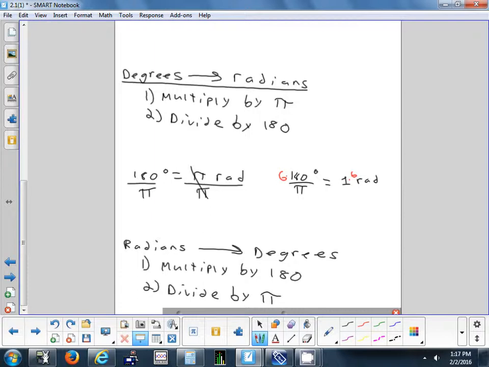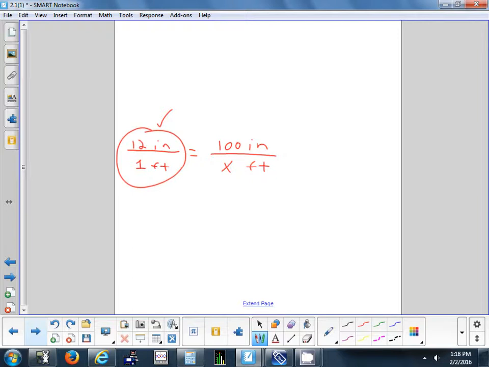Like if you ever take calculus, almost nothing is done in degrees, which is kind of strange because degrees is probably what you're used to. It's what you've used, kind of makes sense. Why mess with it? But to do more complicated things, degrees actually makes things harder. Radians is easier once you get familiar with it.